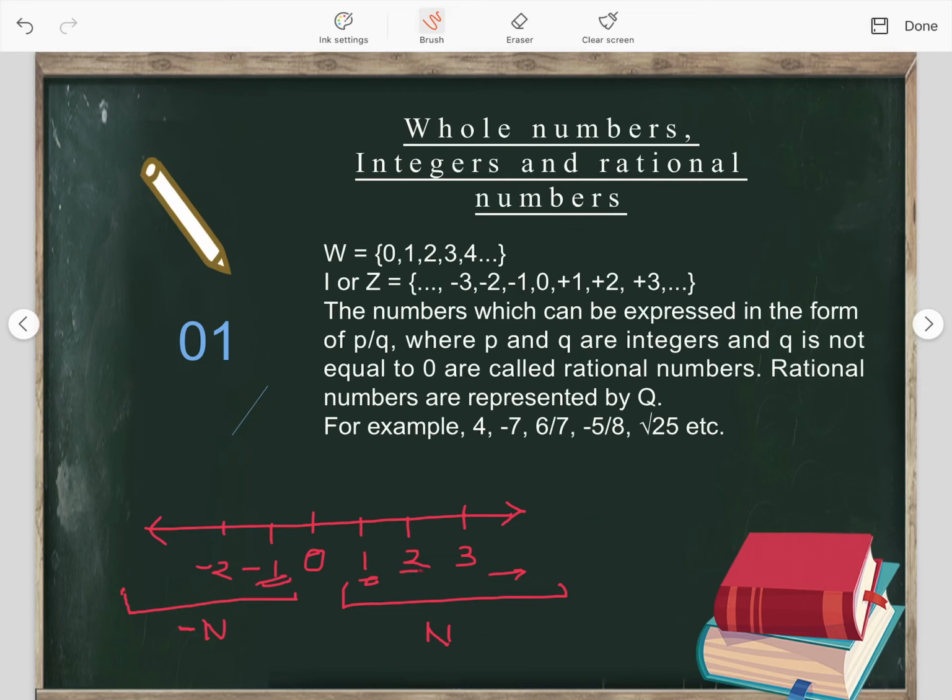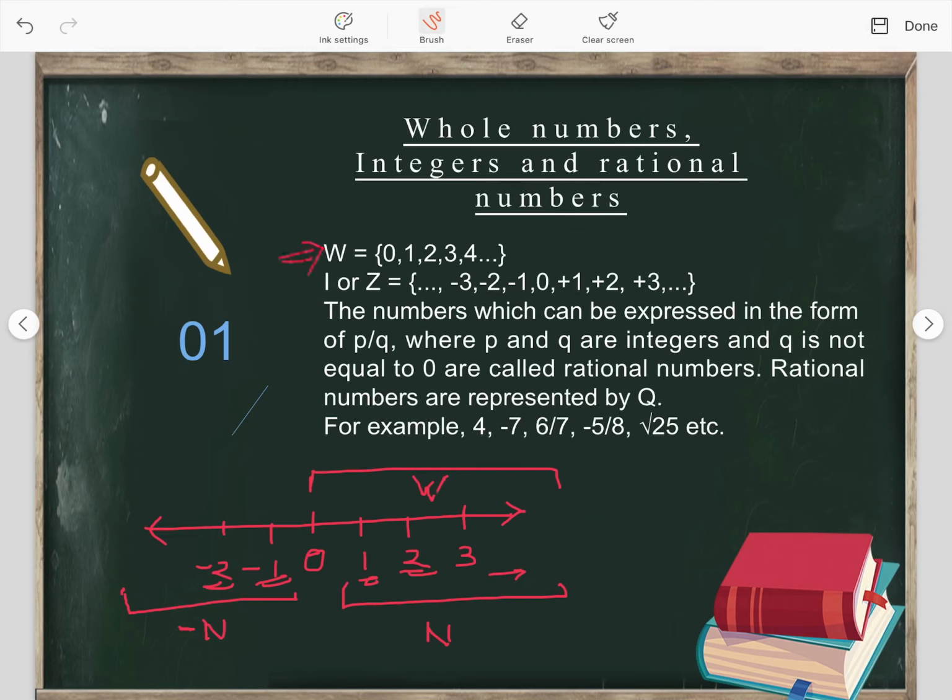Okay, 2 is another natural number, then minus 2 is the negative of natural number 2. Understood? Now if we consider the set from 0 and so on to the positive side, those are known as whole numbers, and whole numbers are written by W. Yes or no? So I have written here whole numbers is equal to the set of 0 and all natural numbers. Understood? That means up to infinity.